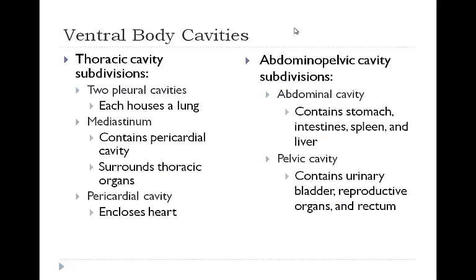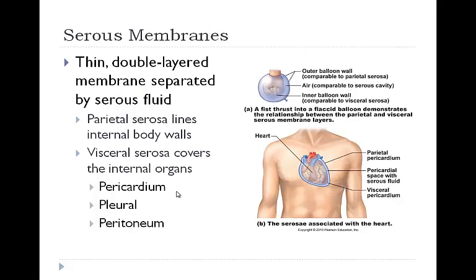So, back here we talked about the pleural cavities, and we talked about the pericardial cavities. The pleural cavities and pericardial cavities are going to be lined by serous membranes. Your abdominal cavity will also be lined by a serous membrane, your peritoneum. So a serous membrane is going to be a thin double-layered membrane separated by serous fluid.